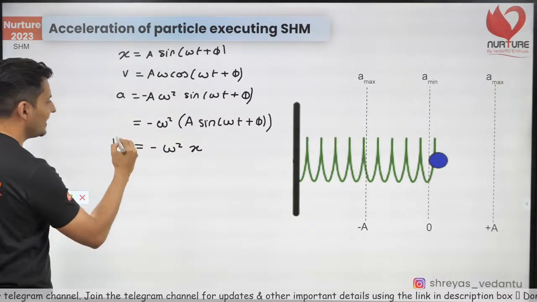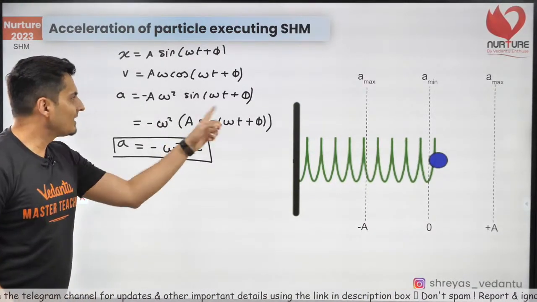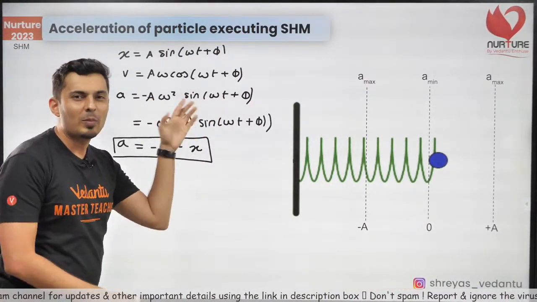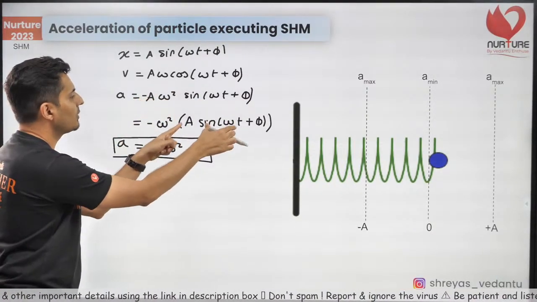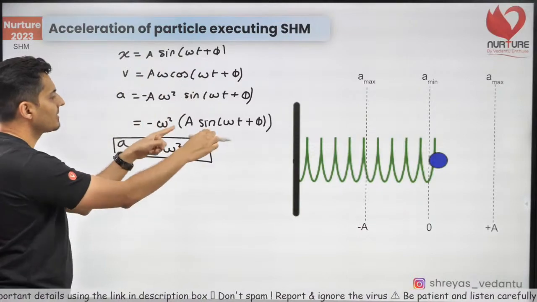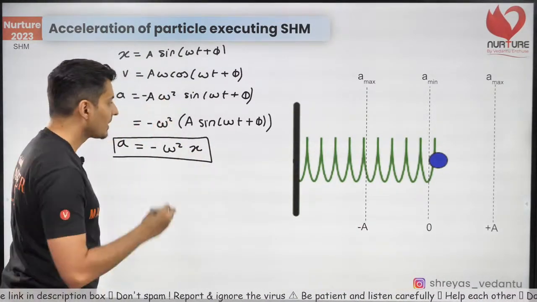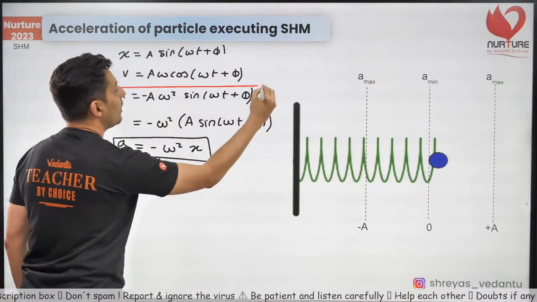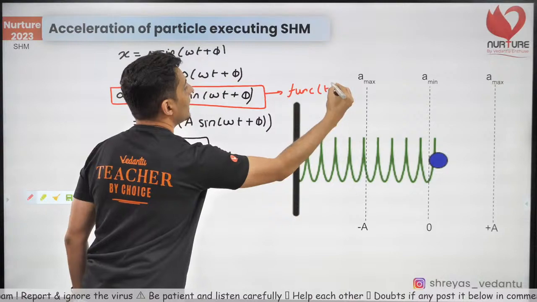So this is another important equation. What I've just done is rearrange and manipulate this equation. I brought omega square here, and a sine omega t here. I know that is x, so I just got it as minus omega square x. What does this tell me? If you want to use this equation as a function of time, use this one.